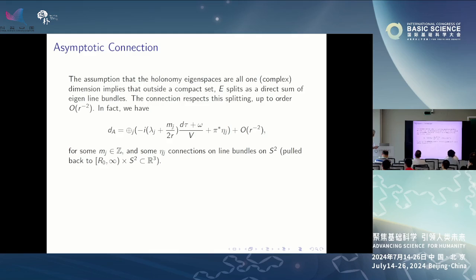The eigenvalue enters in the connection term here. There's also a subleading term, m_j over 2r, where m_j is an integer. And then there's some pulled-up special connections from the base space.